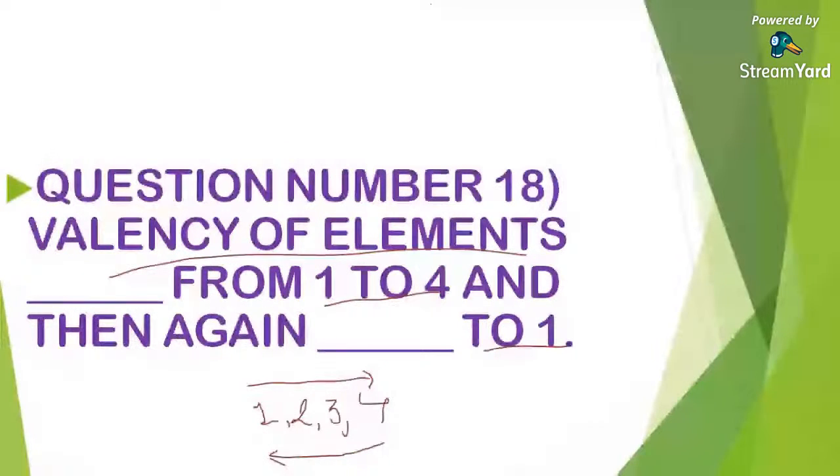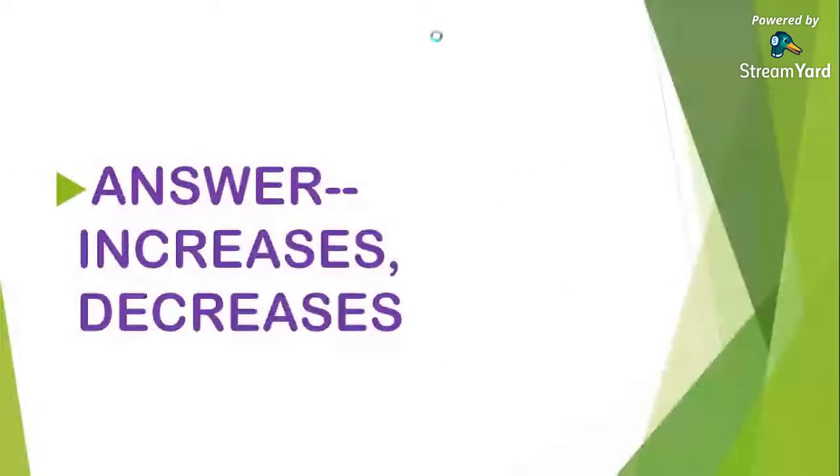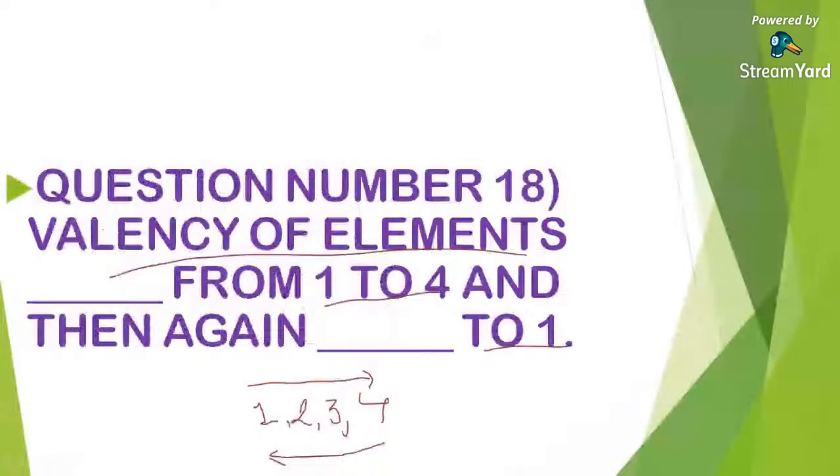But where the word increases goes and where decreases goes, that you have to say. Valency of elements dash from 1 to 4 and then again dash to 1. So let's check the answer. And the correct answer is increases and decreases. Valency of elements increases from 1 to 4 and then again decreases to 1.